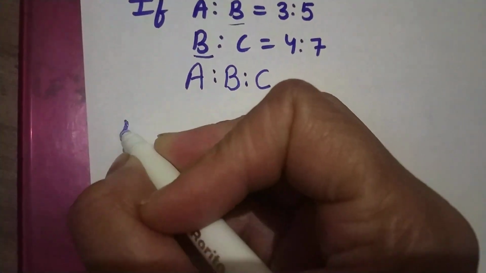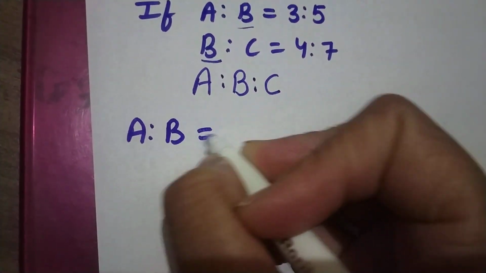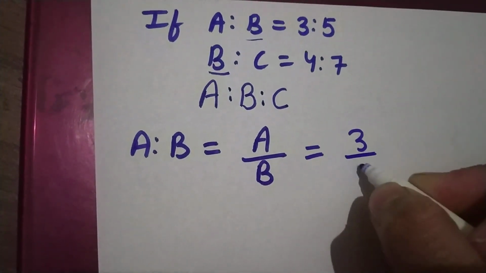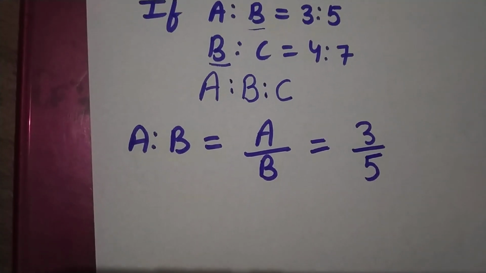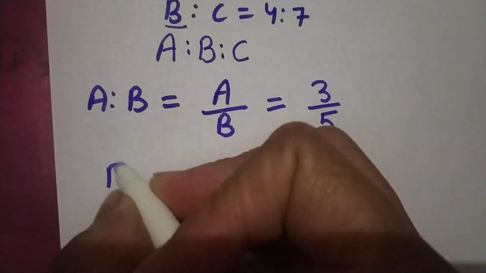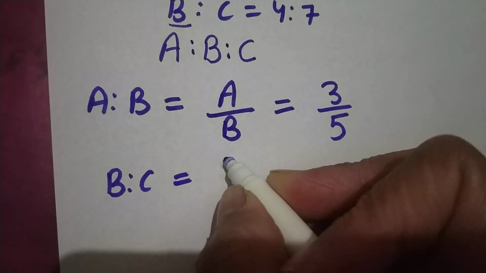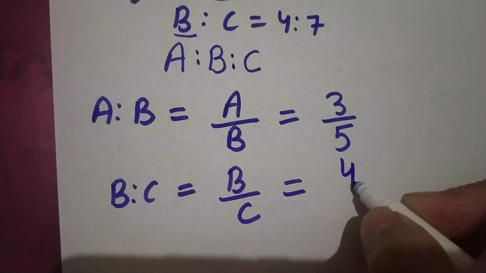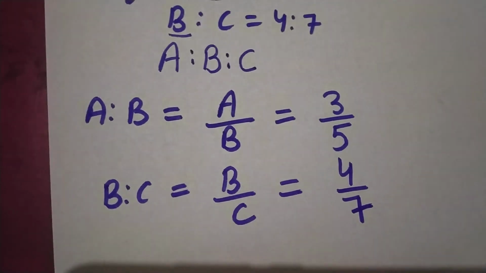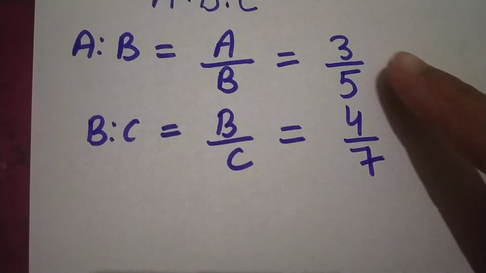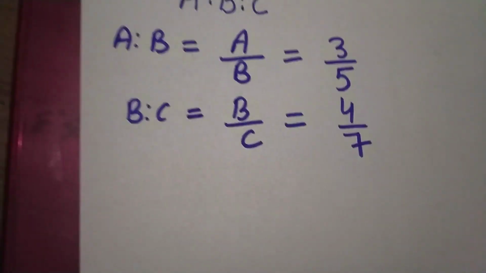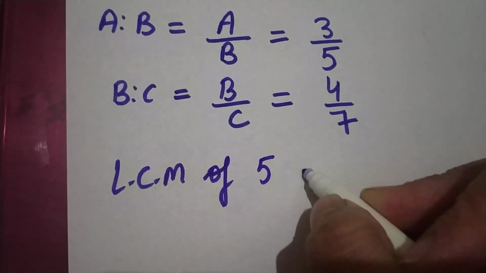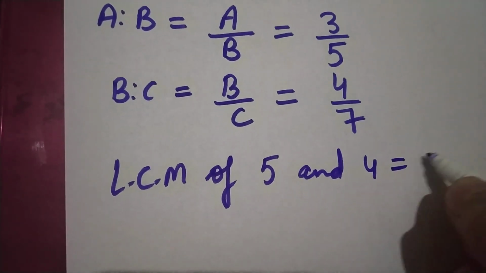A ratio B means A upon B, that is 3 ratio 5. We can write it as 3 divided by 5. The other ratio is B ratio C, that is B upon C, equal to 4 ratio 7. We can write it as 4 divided by 7. Here we will take the LCM of both the values of B, that is LCM of 5 and 4 equals 20.